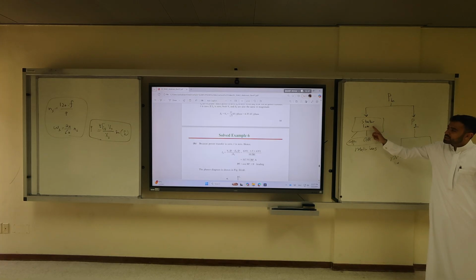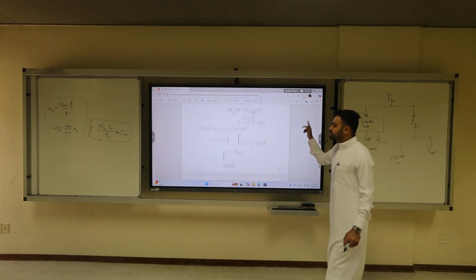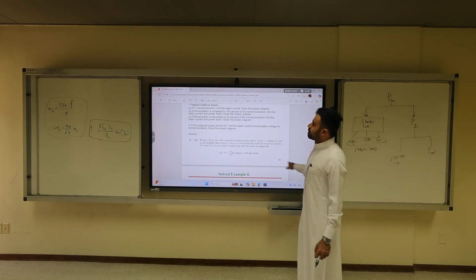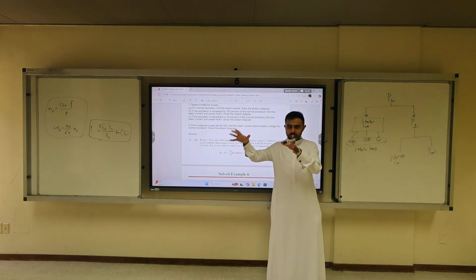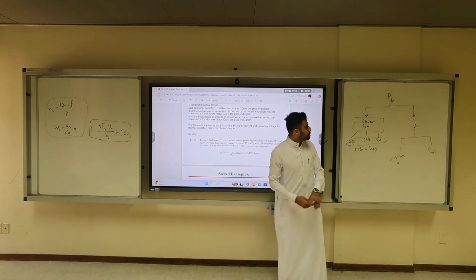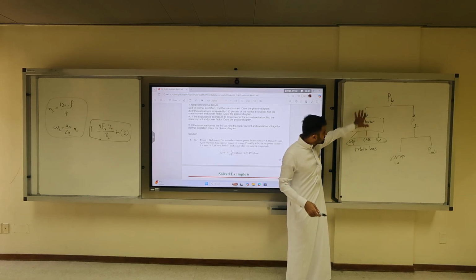Now we have to consider them again in this part. If the rotational losses, meaning any losses in the stator part of our synchronous motor, are 80 kilowatts, what does that mean?